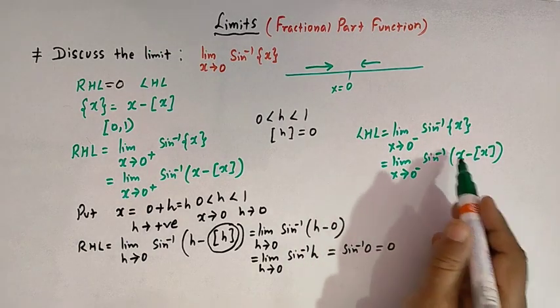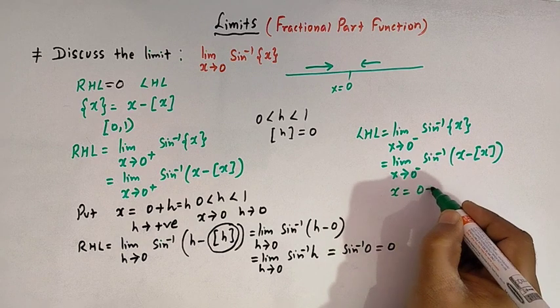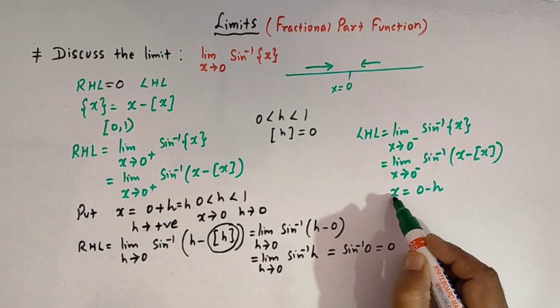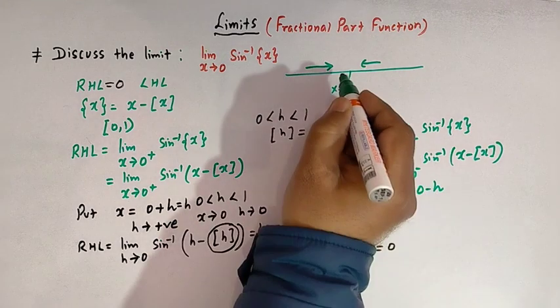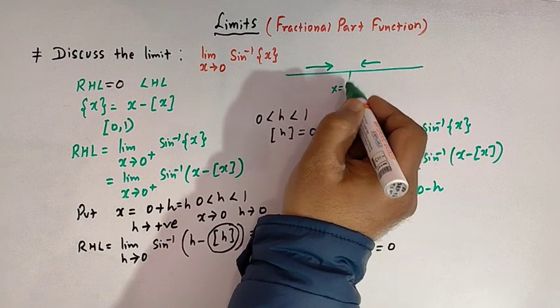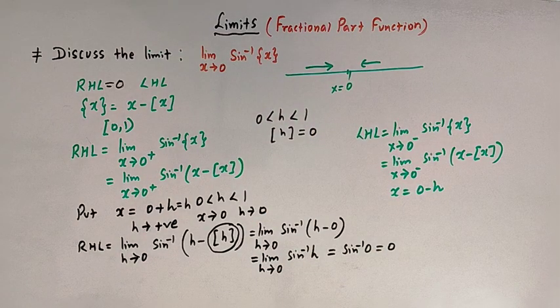Okay, so now here we'll take x is equal to 0 minus h, because here we are very close to x is equal to 0, but towards the left of x is equal to 0, right?